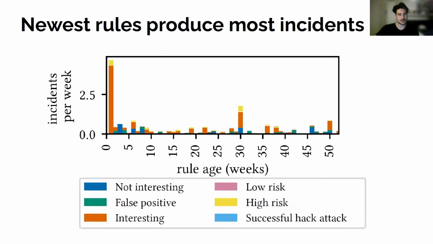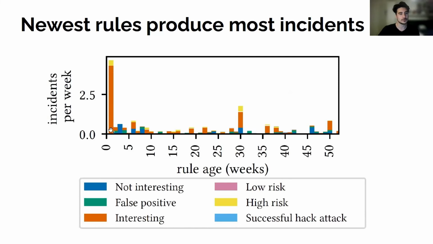Next up, I want to show you this pretty graph. So what we have here is the age of rules plotted against the incidents that a particular rule of this age will trigger on average per week. So, for example, we have a rule here that would be a week old.